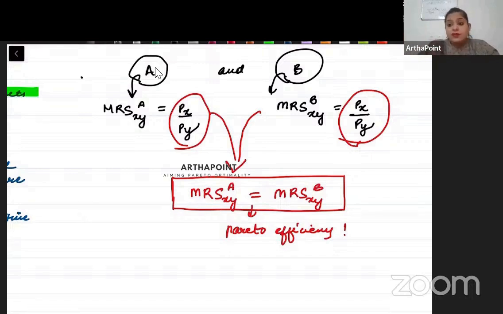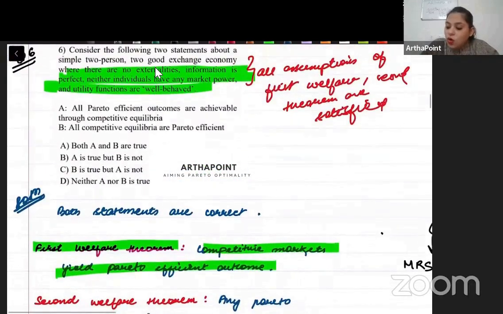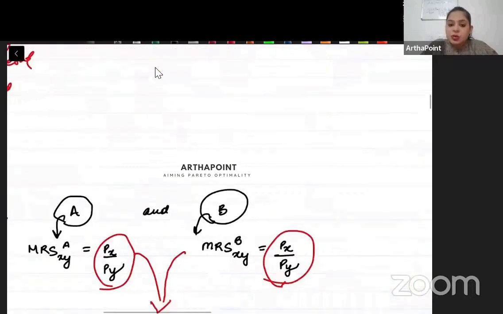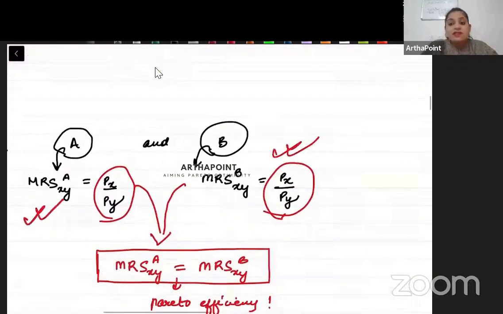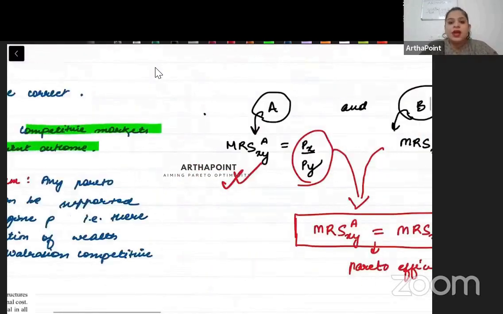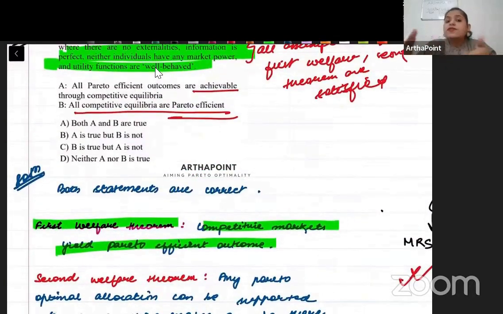This is the first welfare theorem. And this is exactly what the first statement is saying: all competitive equilibria are Pareto efficient. We started with competitive equilibria and we were able to prove Pareto efficiency. Now come to the second statement. It says all Pareto efficient outcomes are achievable through competitive equilibrium. This is actually the second welfare theorem.